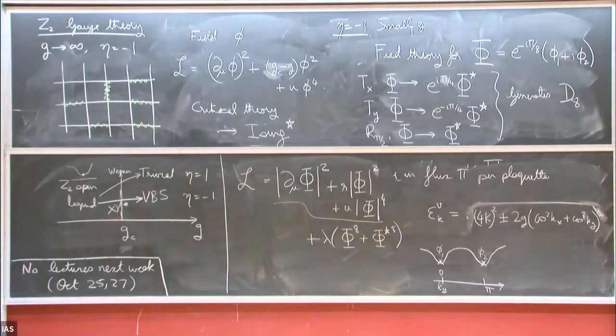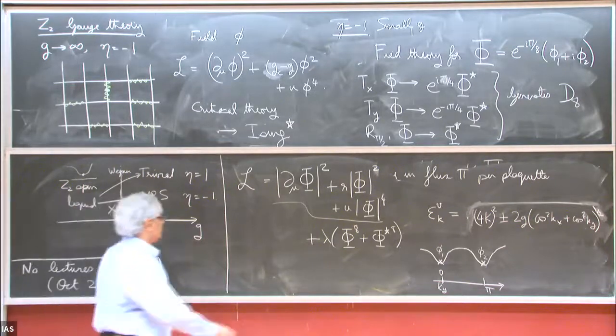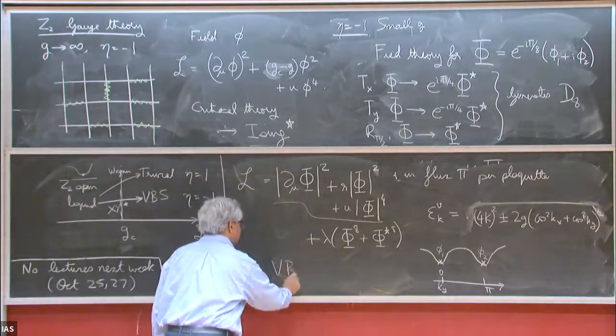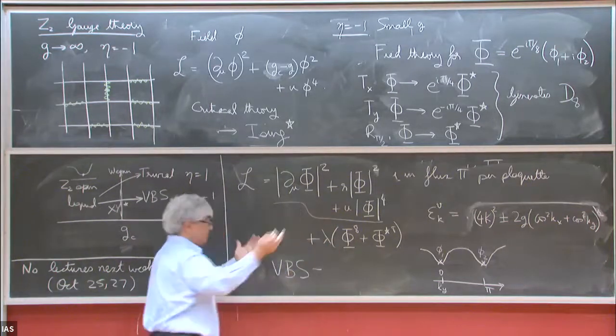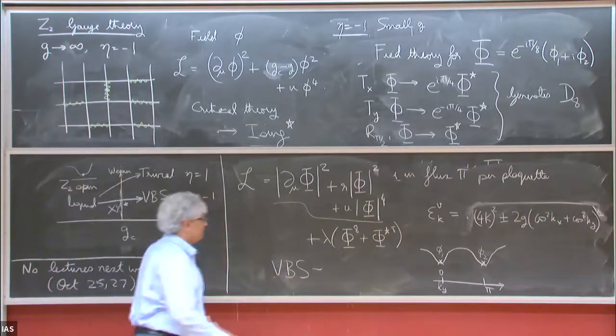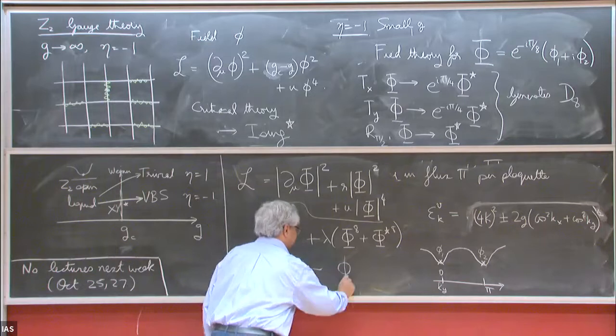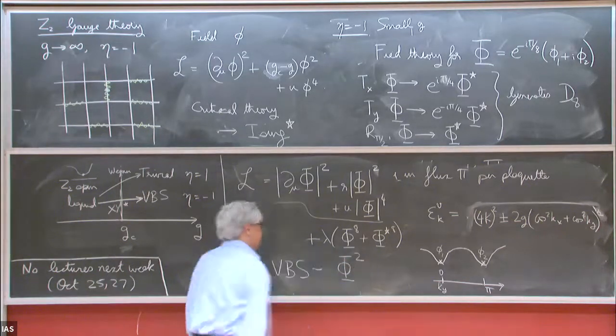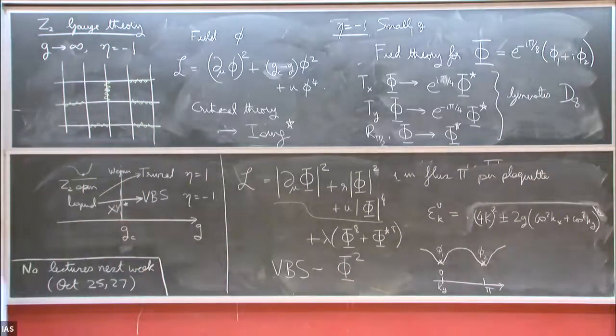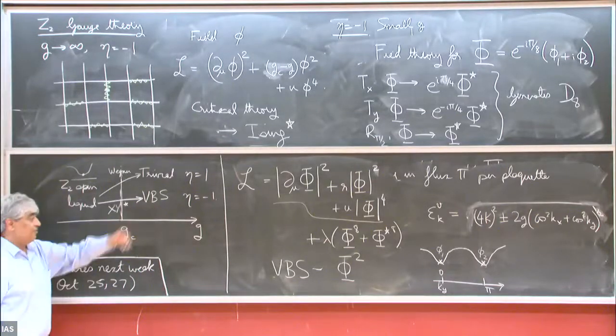And in fact, there's the VBS order parameter, which basically turns out to be phi squared. So now phi squared is not trivial. Phi squared is something interesting. It can be measured because it's gauge invariant.